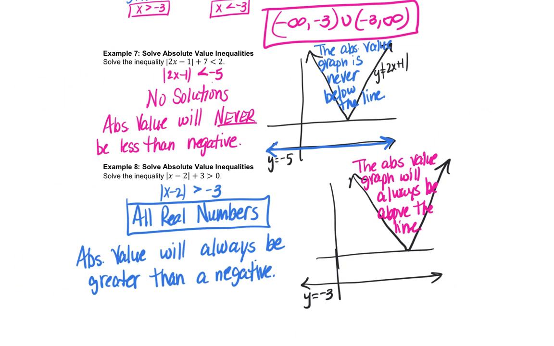So those are your two scenarios. If you're less than a negative, there's no solution. If you're greater than a negative, it's all real solutions. So no matter what you plug in, it's going to work. No matter what. And that is it.